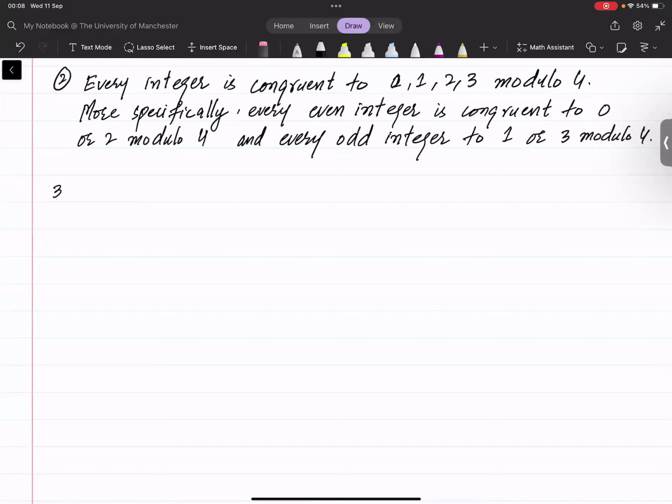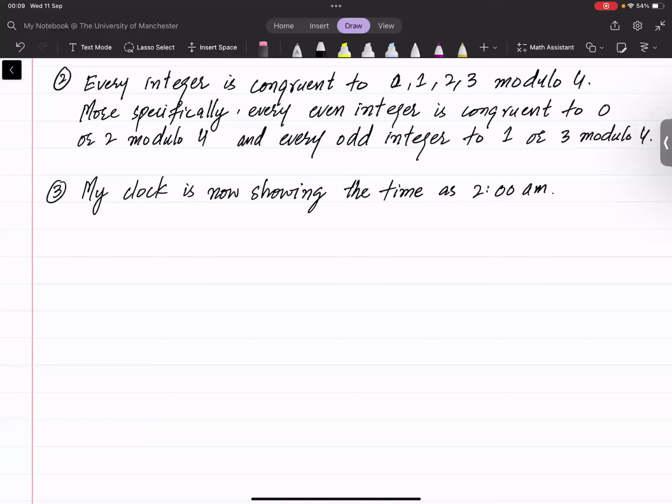Number 3, my clock is now showing the time 2 a.m. What time will it be showing in 4,803 hours?